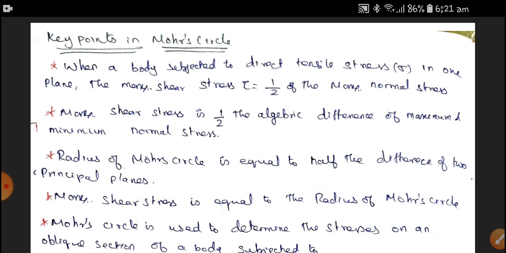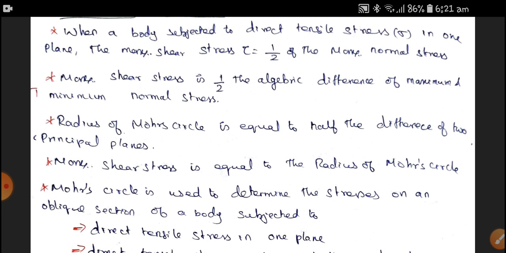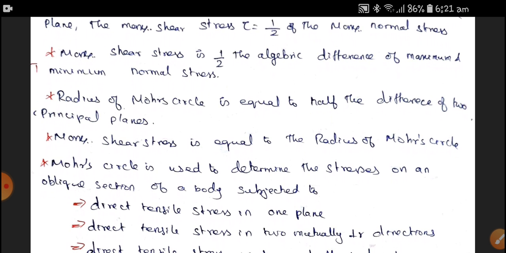And also, the second key point is that maximum shear stress is 1 by 2 the algebraic sum of maximum and minimum normal stresses. The fourth condition will represent this. And key point number 3, the radius of Mohr's circle is equal to half the difference of the two principal stresses. Yes, we know that the radius of Mohr's circle is equal to the maximum shear stress acting on the body.